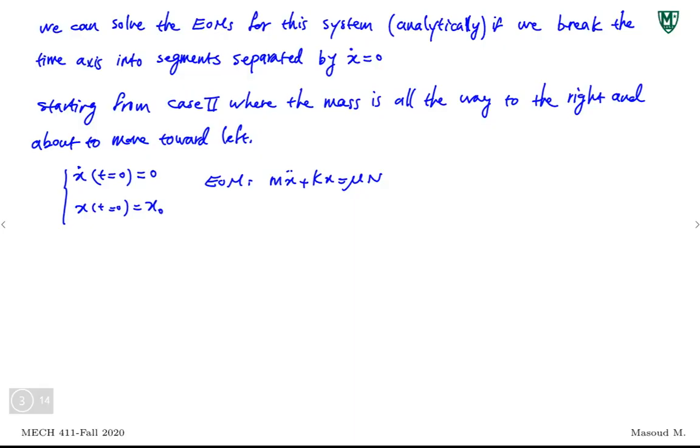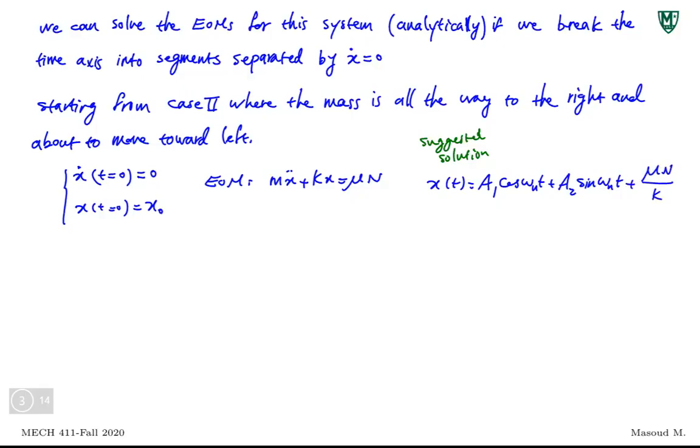So the general form of the solution, I'm going to suggest, the suggested solution would be x(t) is equal to a1 cosine omega n t plus a2 sine omega n t, plus mu n over k.